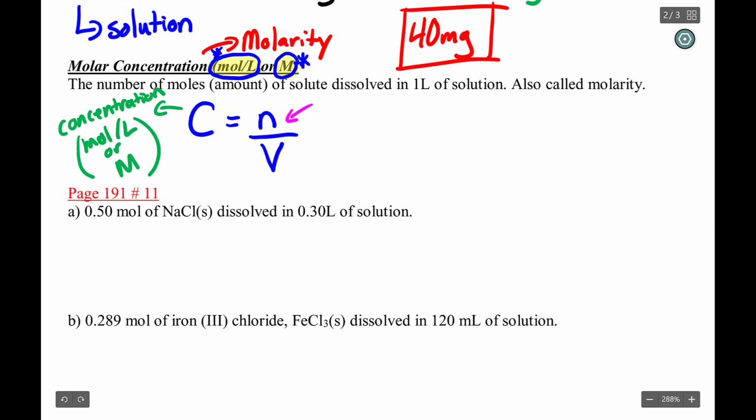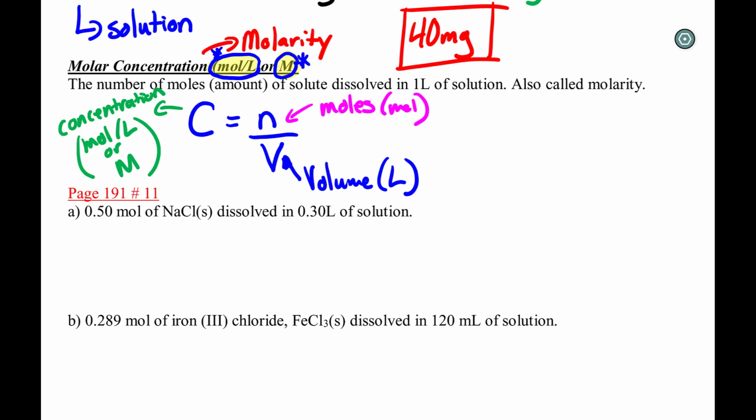The n stands for moles, in the unit of the mole. And really, really importantly, the volume, capital V, must be in liters. Do not forget, there are 1,000 milliliters in every 1 liter.